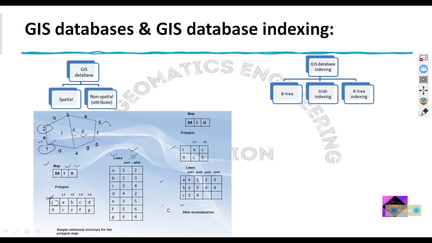Now if we normalize this data structure to store it in an efficient way, that can be done in the relational database structure. We can find that the map is represented by 2 polygons, that is okay, and the 2 polygons can be represented by only 3 lines. There are 4 lines, but it can be represented by fewer.